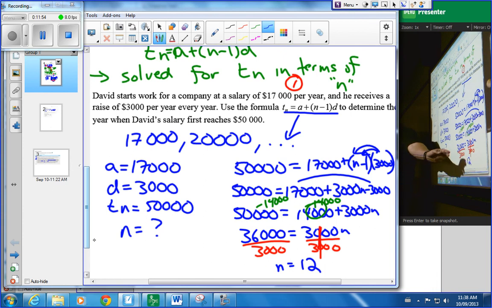If that would have worked out to a decimal, then we would have had to go up to the next year, right? If it would have been 12.1, we would have to say, well, it wouldn't have reached 50,000 until the 13th year because at the 12th year, he still wouldn't have been quite there yet. But it did work out nice, and for the most part, it's going to work out nice.